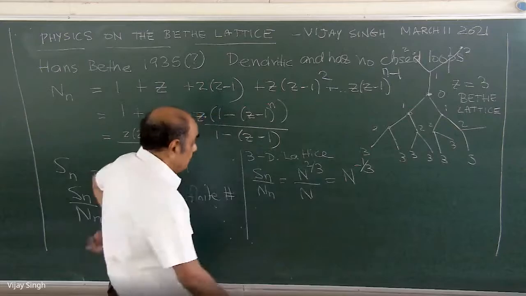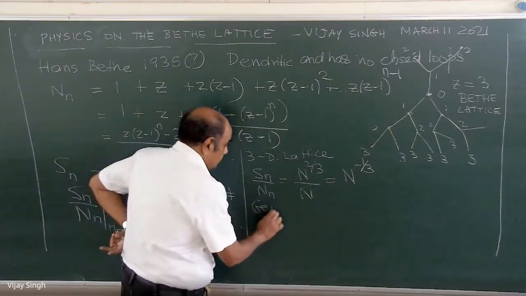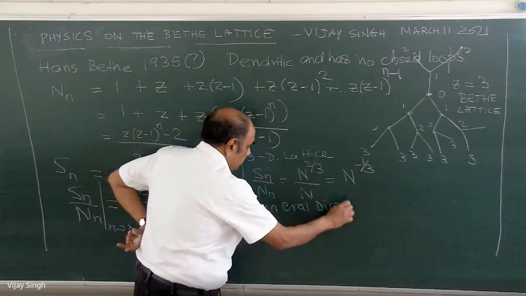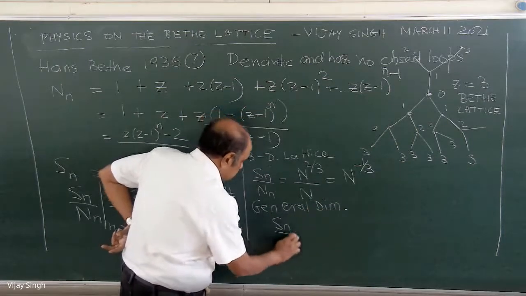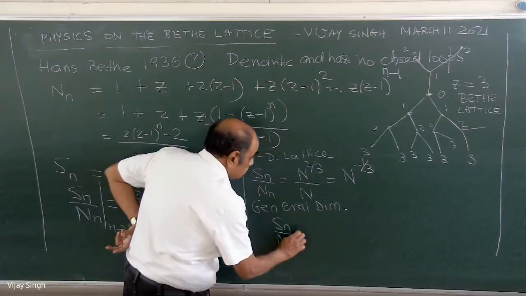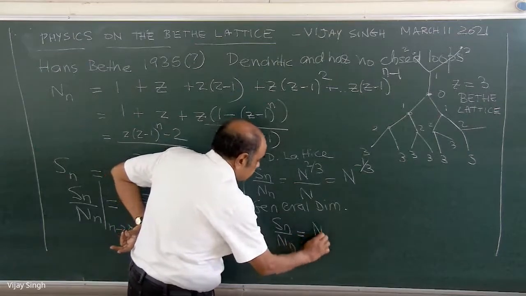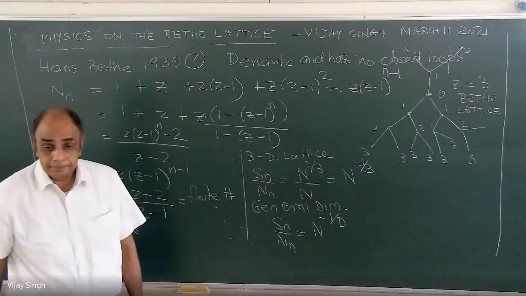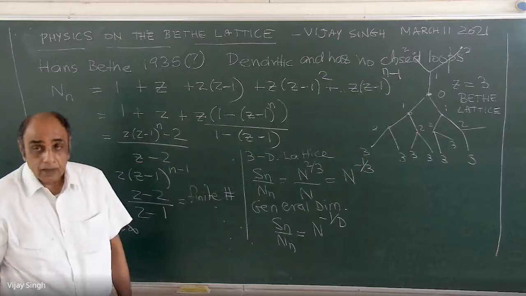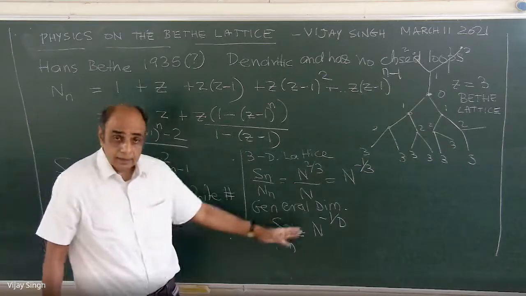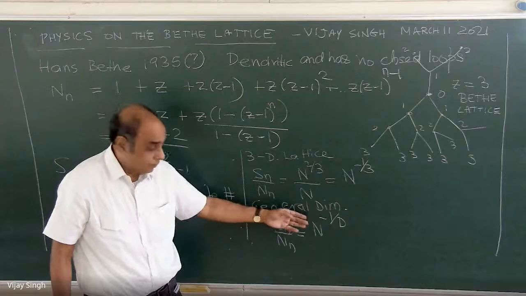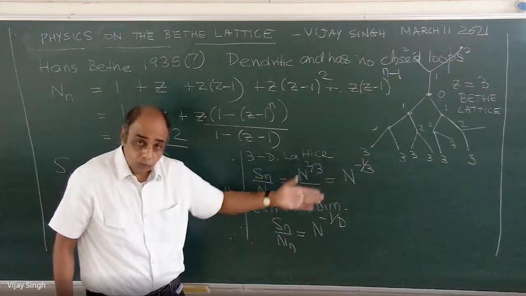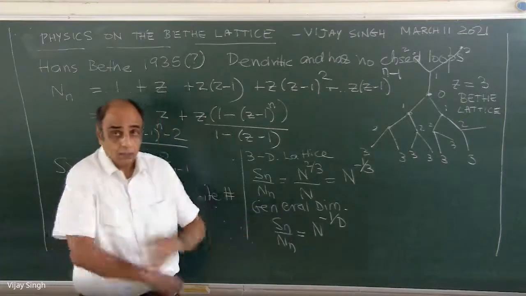For a general dimensionality, it goes as minus 1 by d. So unless you are in infinite dimension, this term is actually quite large. In 3 dimensions, for n going to Avogadro number, it's a huge number. In 2 dimensions also, it is quite large, and so on.